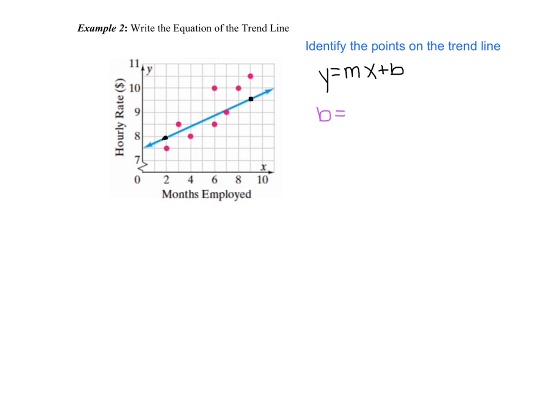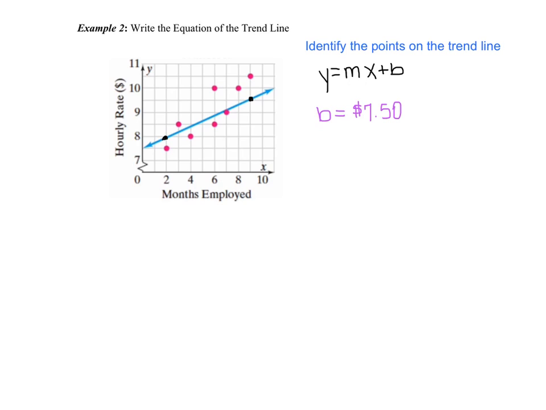Well, it hits right here. So what is that b value? Well, it's between 7 and 8, and we're talking about hourly rate. So what number is between $7 and $8? $7.50. So our b value is $7.50. So we found our b.